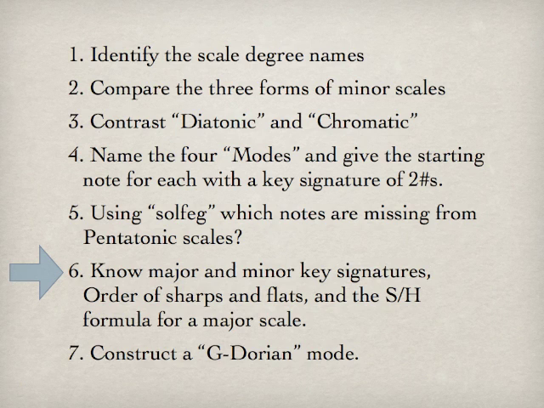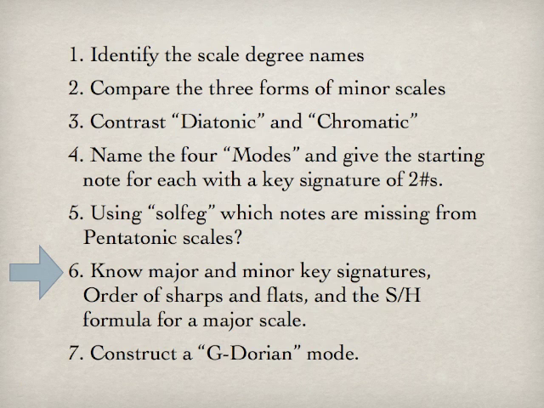So if I said construct a G Dorian mode, that means the first note of the scale is G, and Dorian would tell me that the first note of the scale is the second note of a major scale, so G is the second note of an F scale. So it would be going from G to G with 1 flat. The B would be flat. So that's how you make a G Dorian.